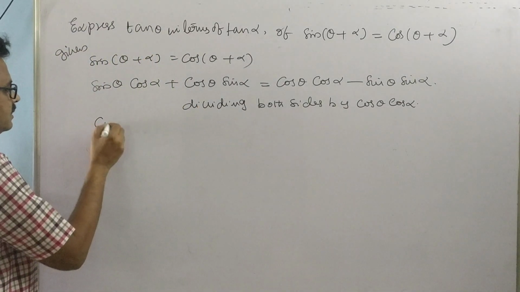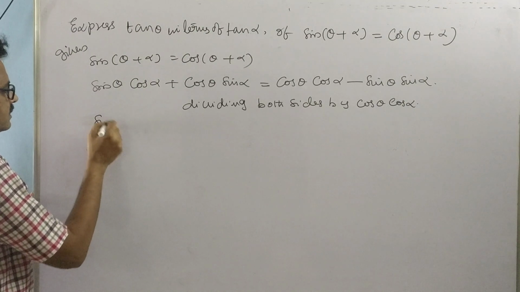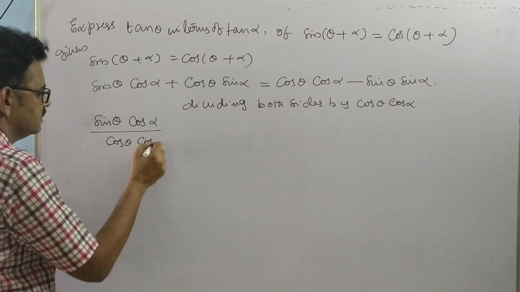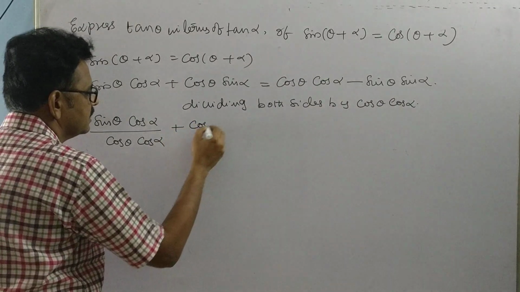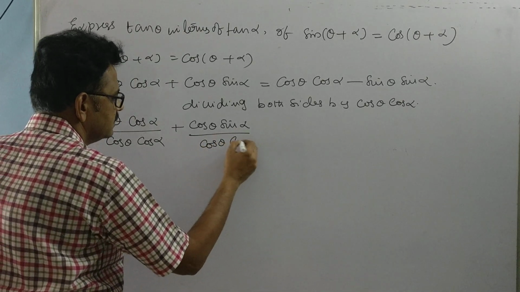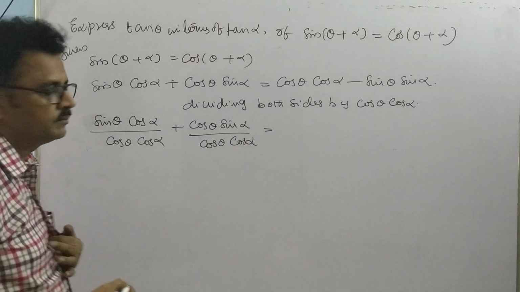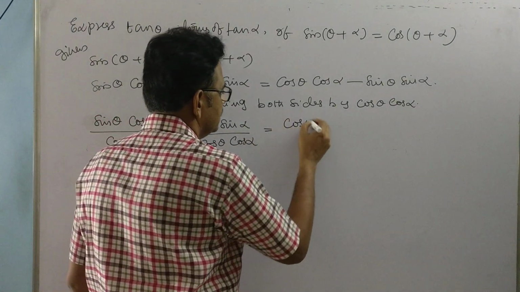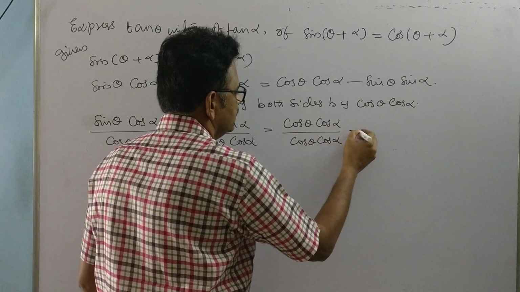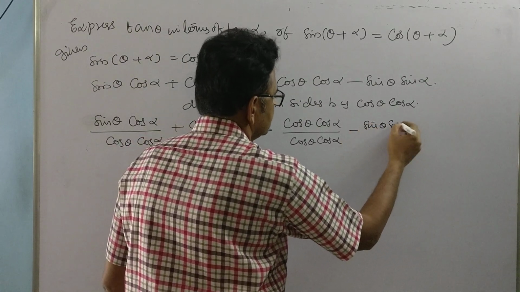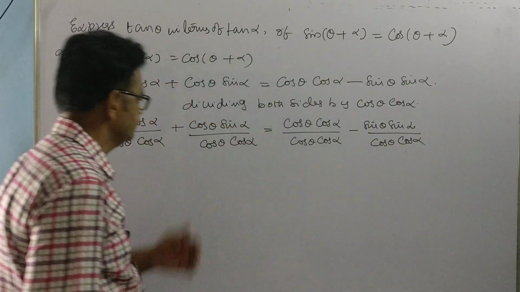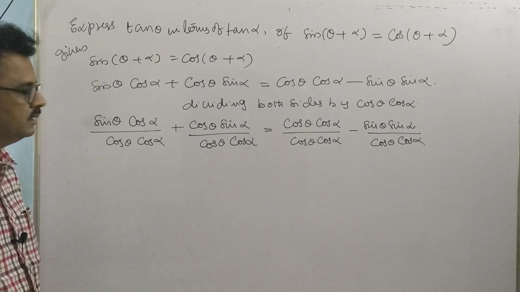So this is sin theta cos alpha by cos theta cos alpha, plus cos theta sin alpha by cos theta cos alpha, is equal to cos theta cos alpha by cos theta cos alpha, minus sin theta sin alpha by cos theta cos alpha.